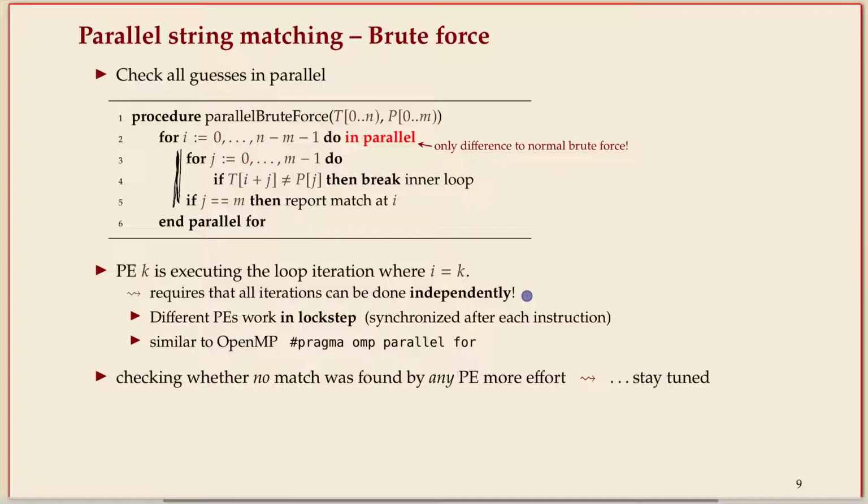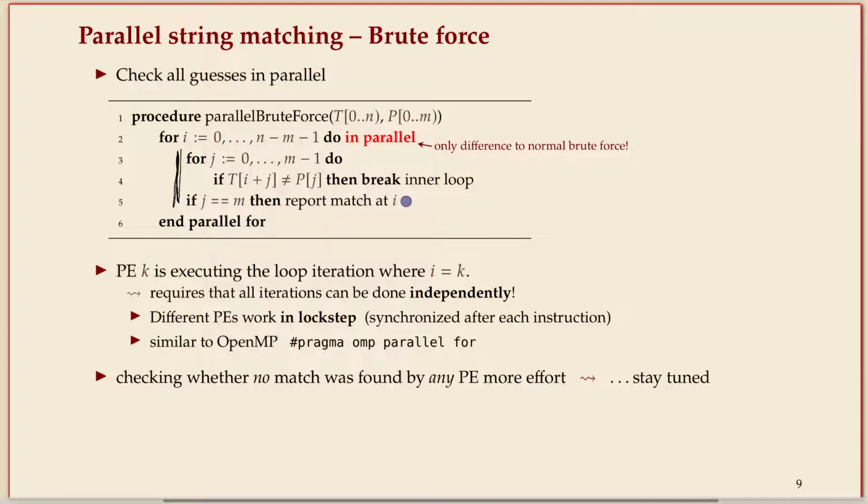This inherently requires that all the iterations of the loop body can be done independently. If they cannot, if they build on each other's computation and you don't pay attention, that's your problem. This is similar to OpenMP, if you have programmed in it; you may recognize that this is precisely one of the things OpenMP can do for you. And there are all sorts of caveats. If you use this without too much thinking, then things can go wrong. That's in a way the same with this pseudocode.